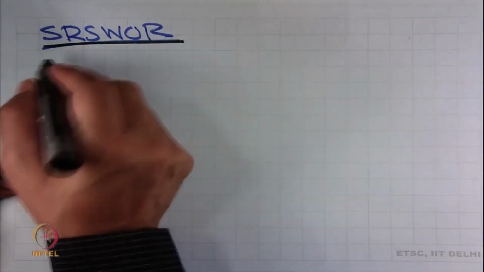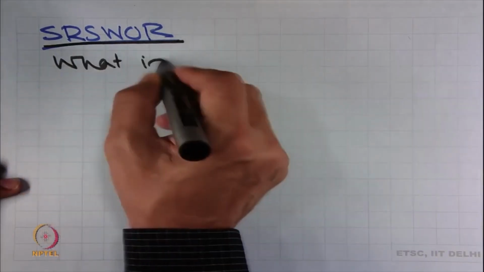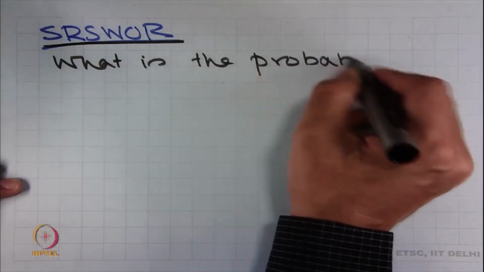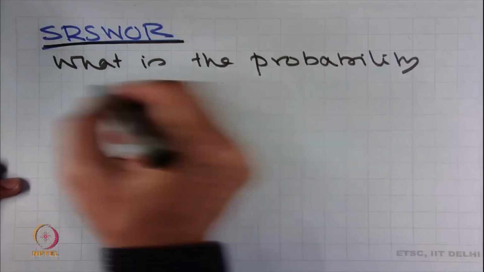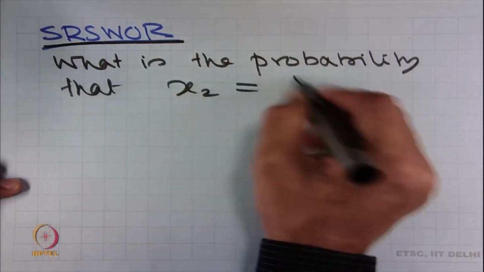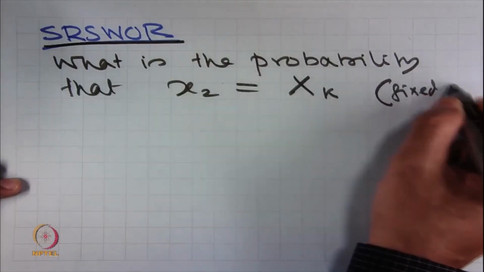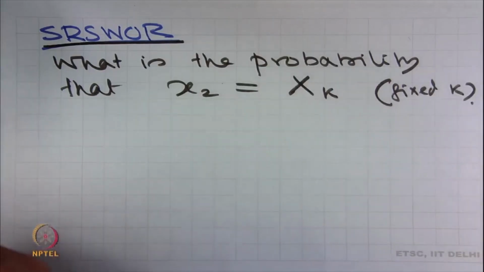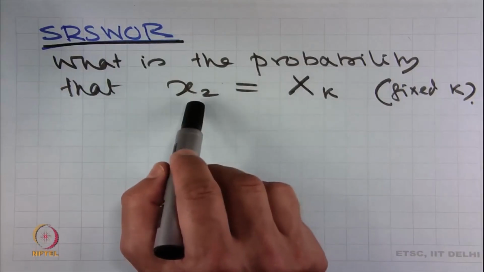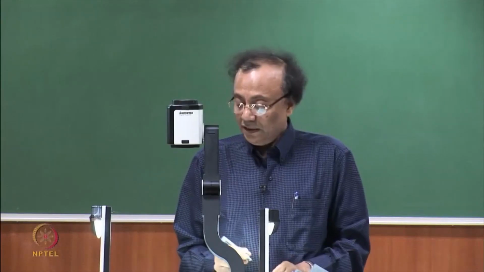Let us look at what is the probability that X2 is equal to x_k, fixed k. Say, what is the probability that the second unit taken as a sample is actually the kth member of the population.